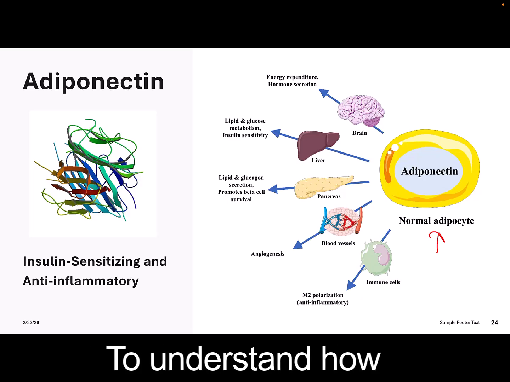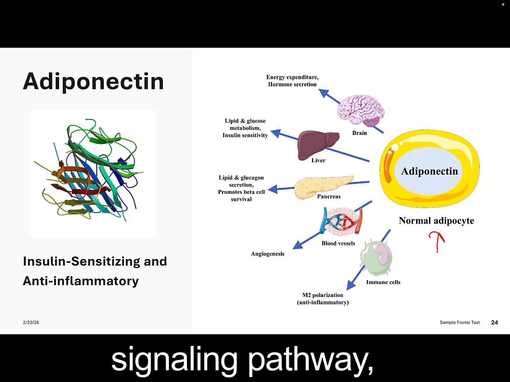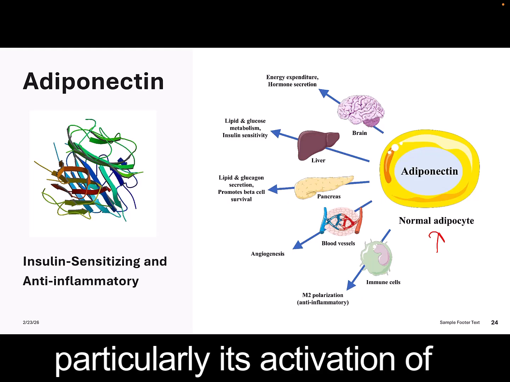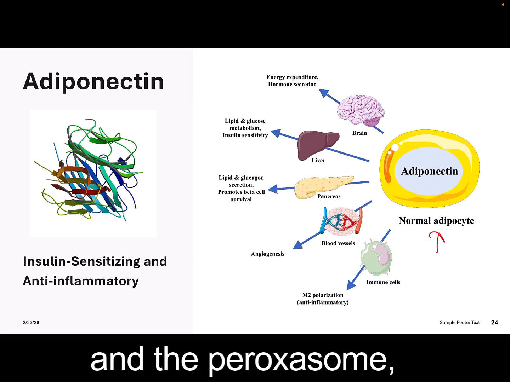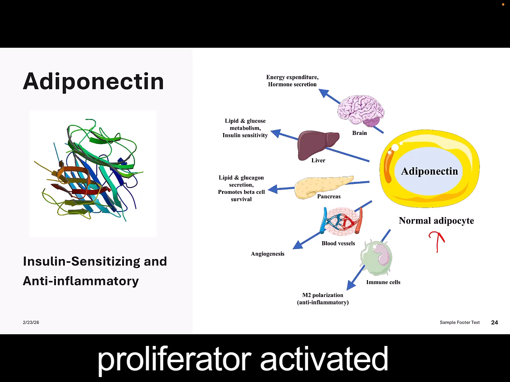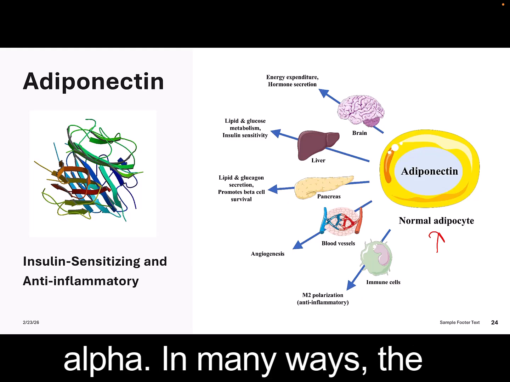To understand how adiponectin exerts these protective effects, we need to examine its receptor signaling pathways, particularly its activation of the AMP kinase, or AMPK, and the peroxisome proliferator activated receptor alpha, or PPAR alpha.